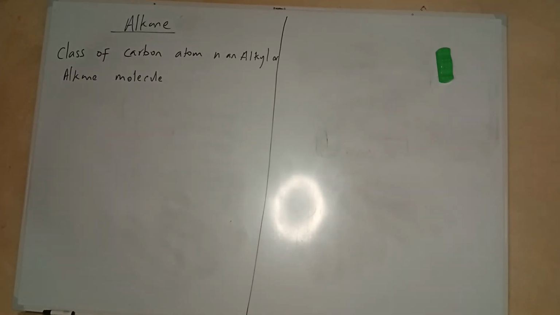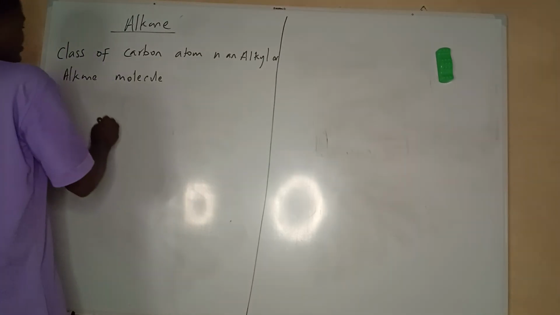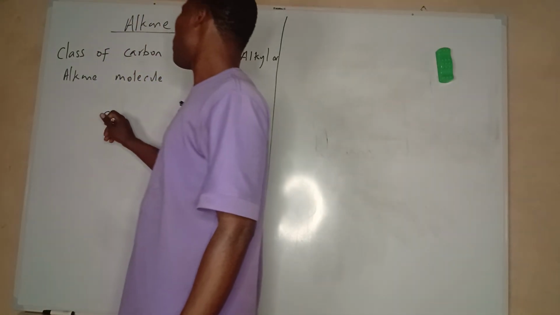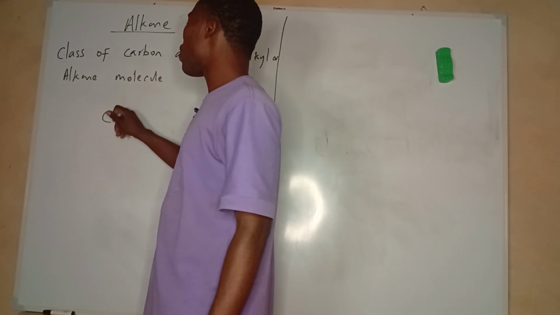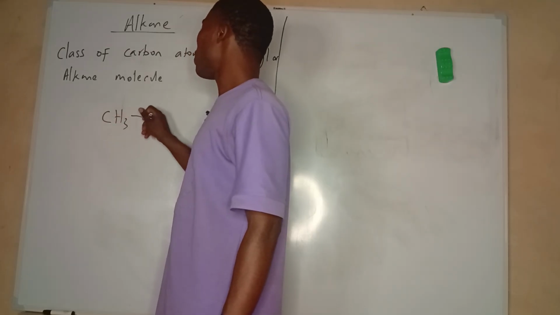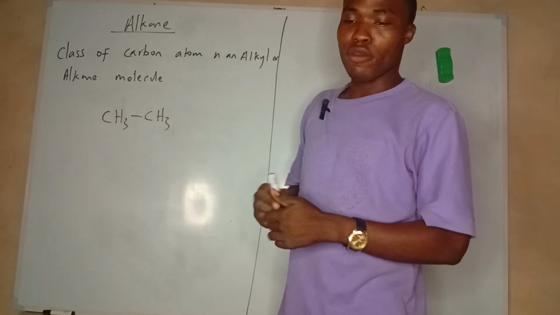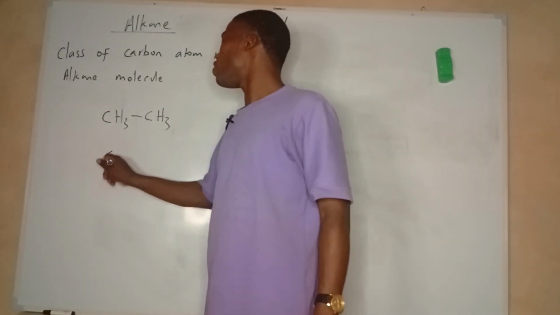All right, let me quickly explain something for you guys. Let's say I have an alkane, the second member, CH3 single bonded to CH3. This is usually a condensed structural formula. So let me open it up.